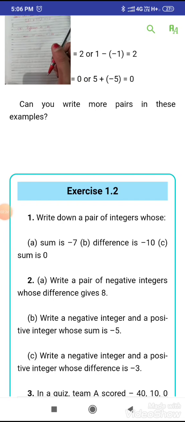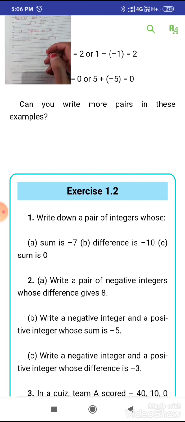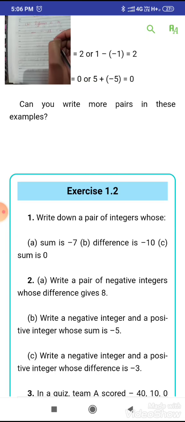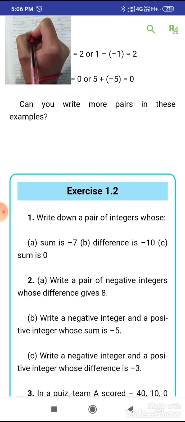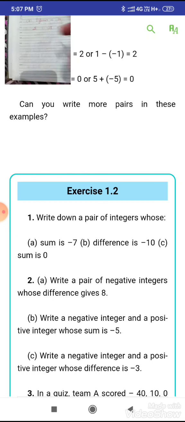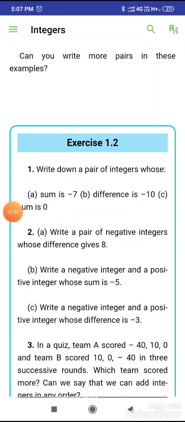The numbers could be 20 minus 10, or you can write 15 minus 5, but we want the difference with a negative sign. So minus 15 plus 5 is equal to minus 10. Try part C of this question in the same manner.